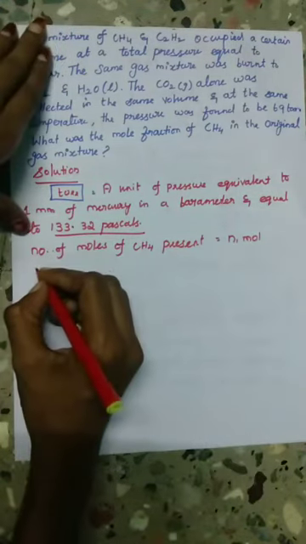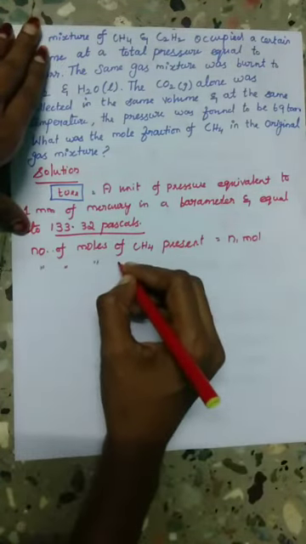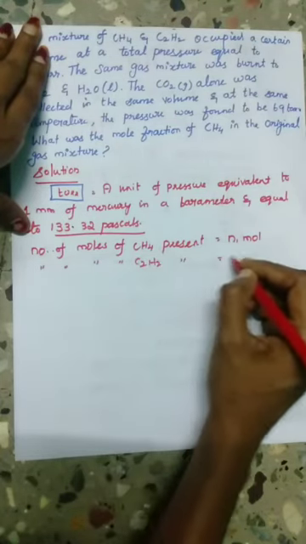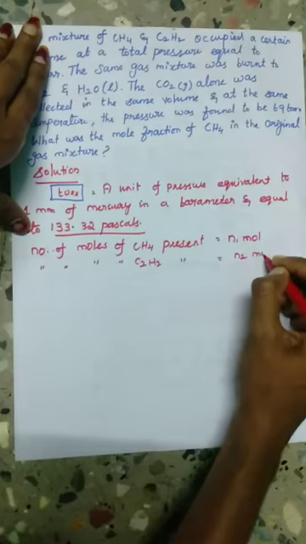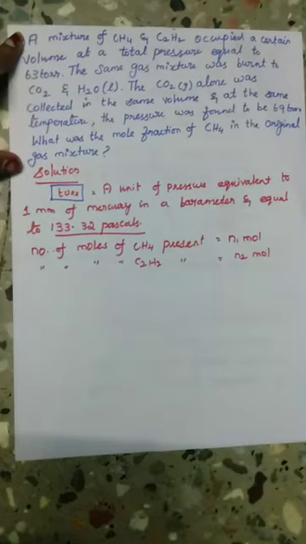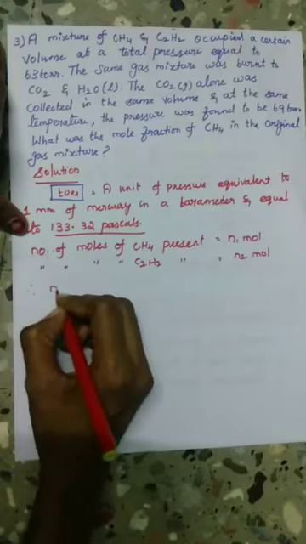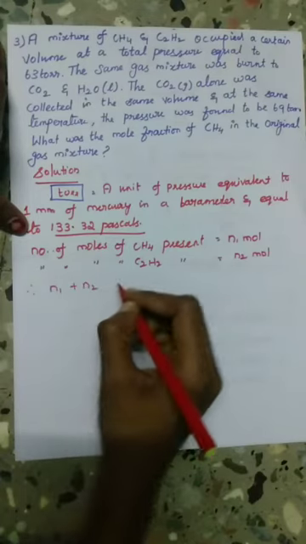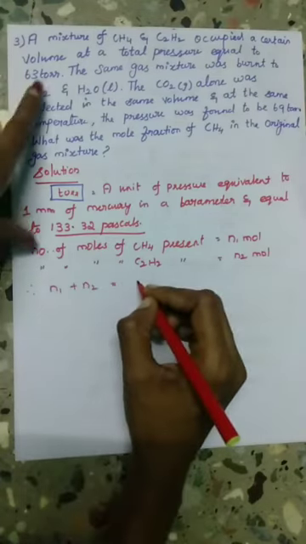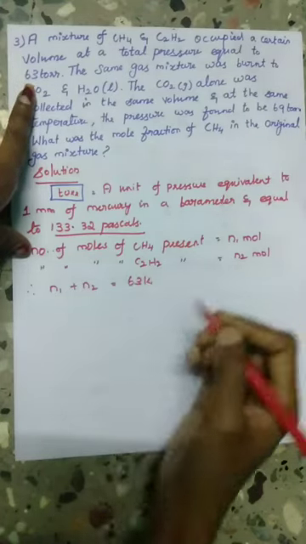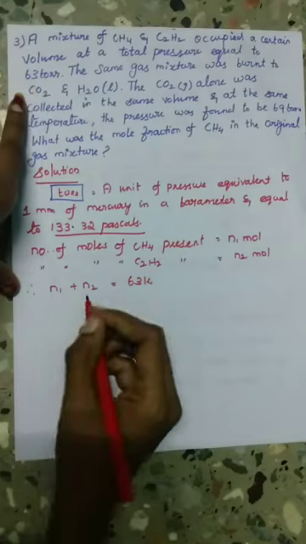And the number of moles of C2H2 present be N2 mole. Therefore, the equation is N1 plus N2 is equal to 63 K.